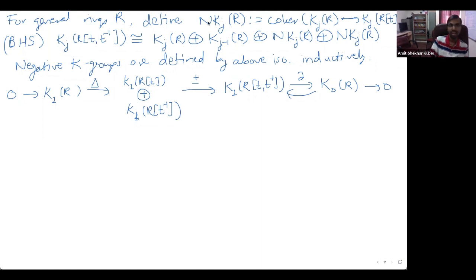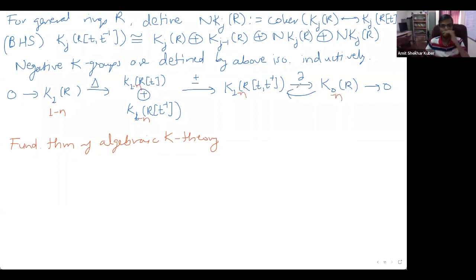So in general, for defining negative K theory, whatever I wrote just now is known as the fundamental theorem of algebraic K theory. So here I can subtract 1 minus n, and this becomes minus n. That's how for all negative numbers also you can define the negative groups.